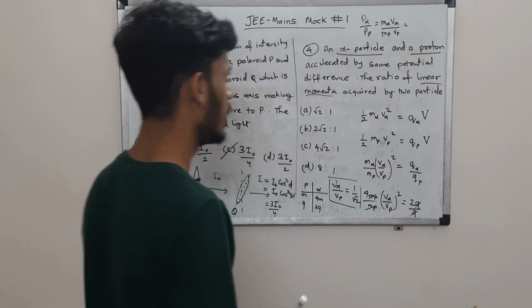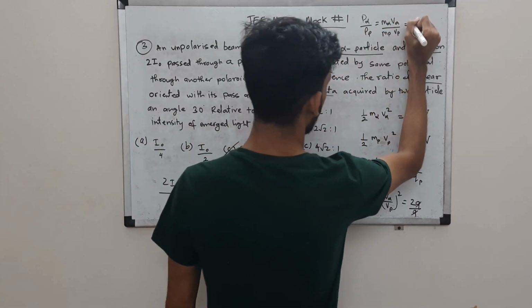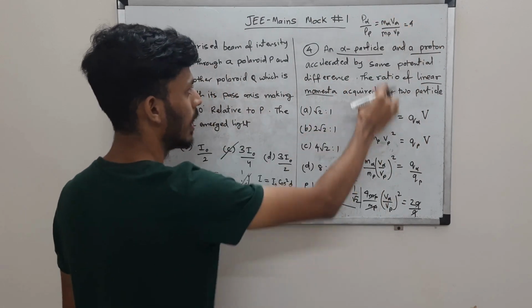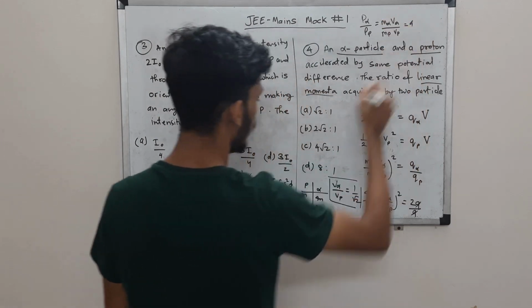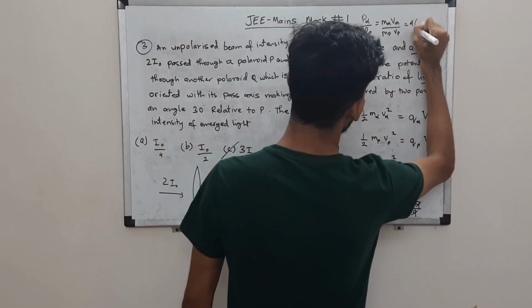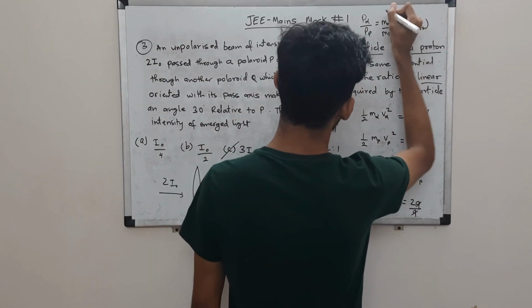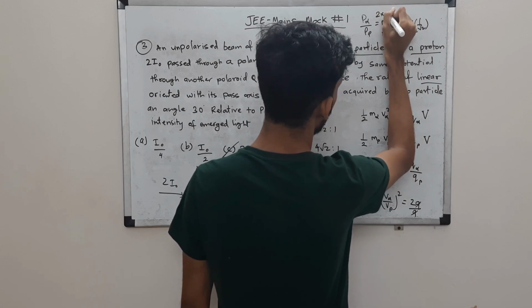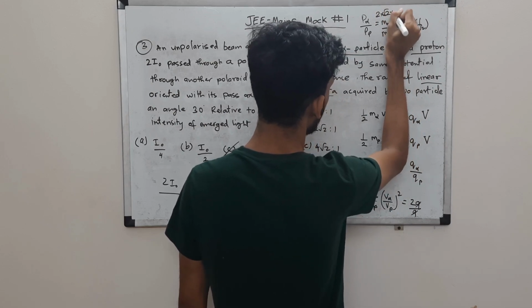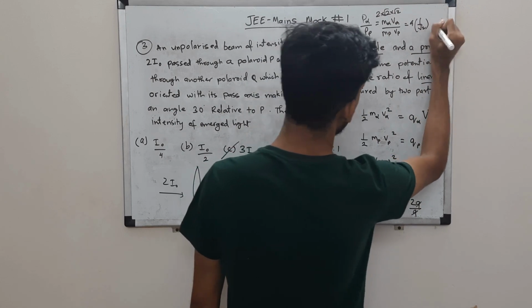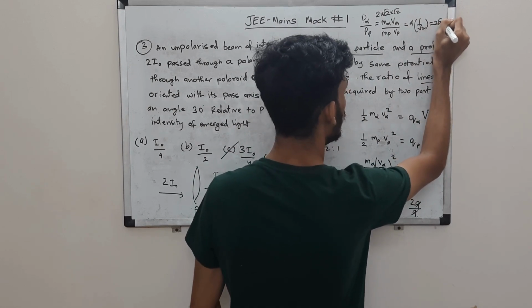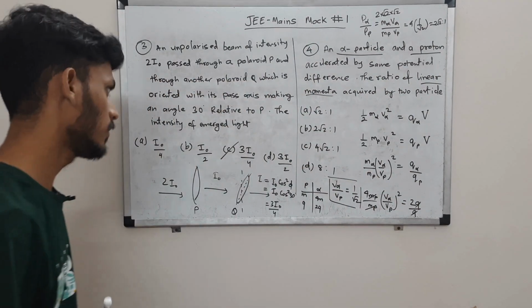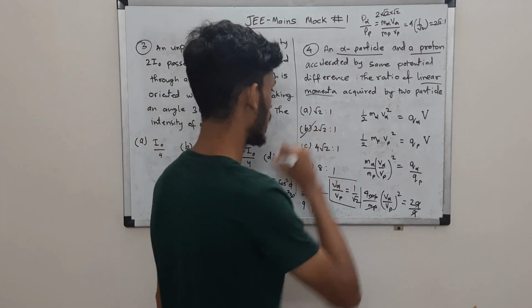We already know that the mass ratio is 4, since the mass of the alpha particle is 4 times the mass of proton, and the velocity ratio we have found to be 1 by root 2. When you simplify this, 4 is nothing but 2 into 2, and the other 2 you can write as root 2 times root 2. So 1 root 2 will get cancelled, and you'll get 2 root 2 is to 1, right? So I think option B is correct over here.